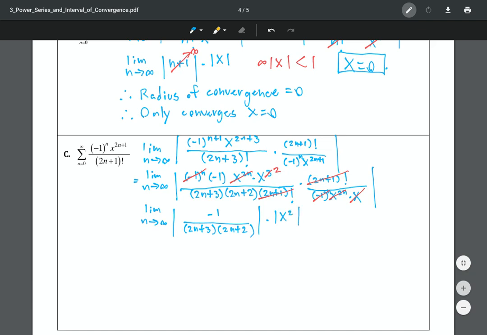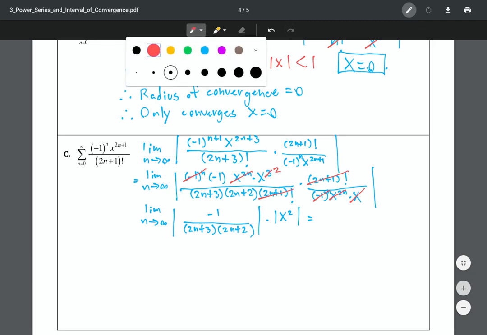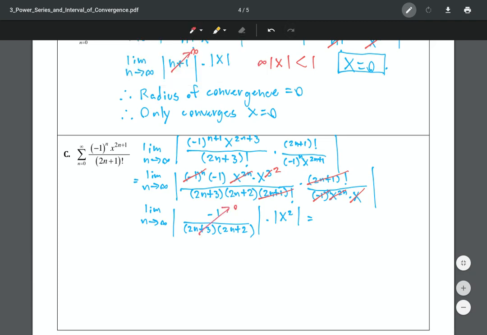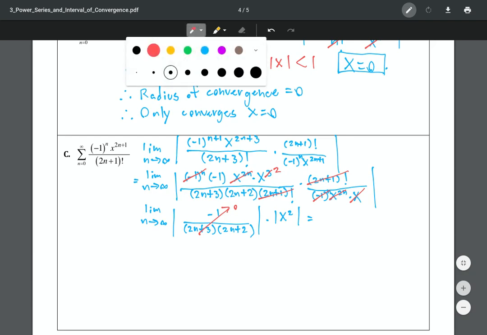Now, sometimes when you look at the key, they'll just write this as a positive 1, which they can factor out, because if you take the absolute value of -1, you would get a positive 1. In this case, it's not really going to matter for the limit, because the limit of this right here is going to be 0. So what I end up having here is 0 times the absolute value of x squared.